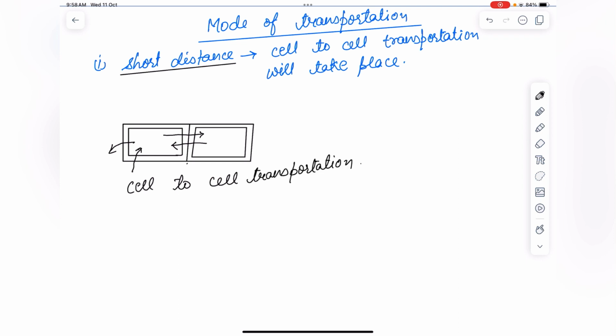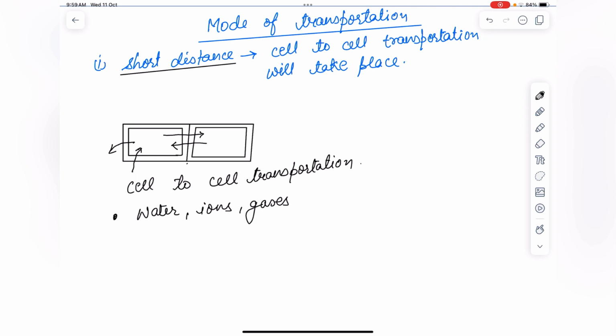What things will be transported? There will be transportation of water, gases, minerals, ions or molecules.